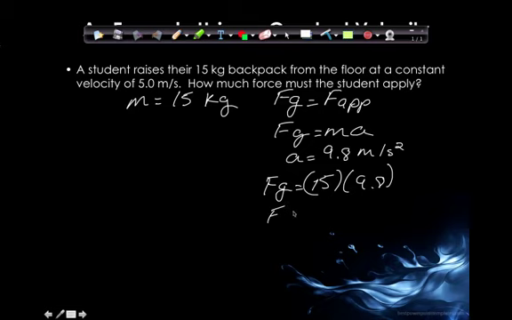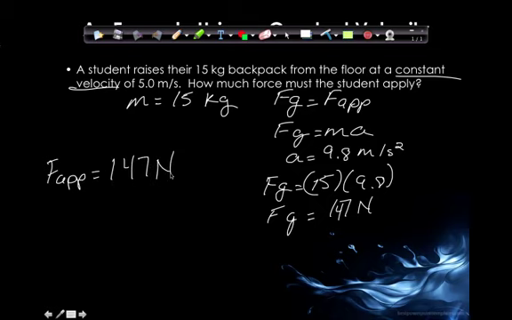So the force of gravity is equal to 147 newtons. And because we're moving at a constant velocity, the forces that are opposing each other are equal. So the force that the student must apply to maintain a constant velocity should be 147 newtons.